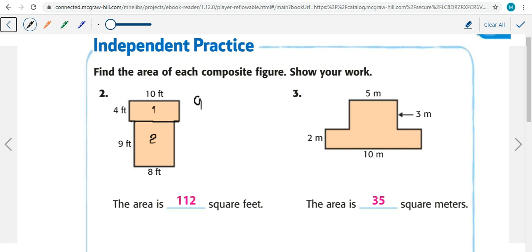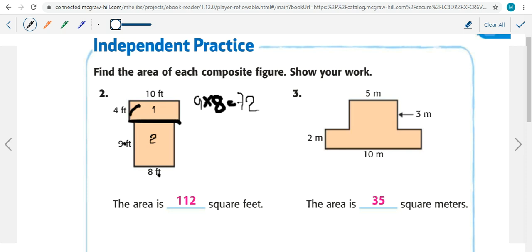Remember, area is equal to length times width. 9 times 8 equals 72. Right? Now, let's find the area of the other figure, rectangle 1. Now, you have to pay attention.